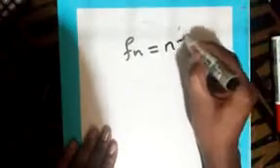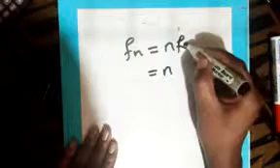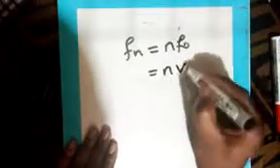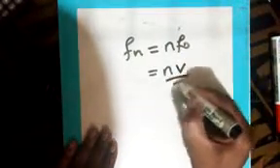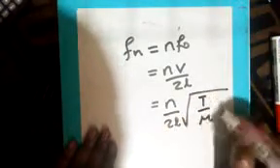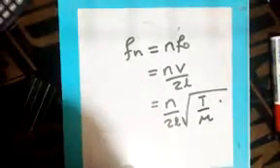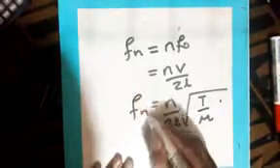But this is the same as n times F naught, and what is F naught? V over 2L. But what is V? This is the same as n over 2L times the square root of tension over mu. This is Fn, which is frequency.